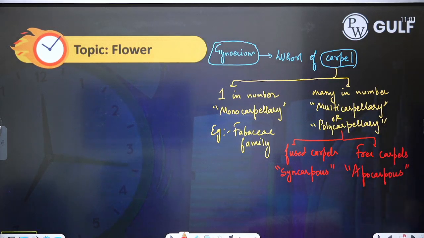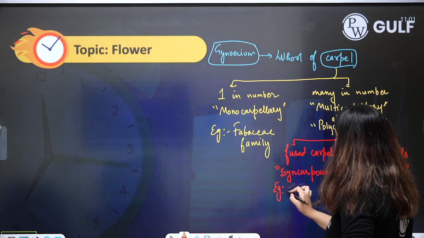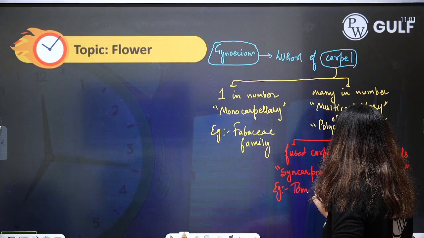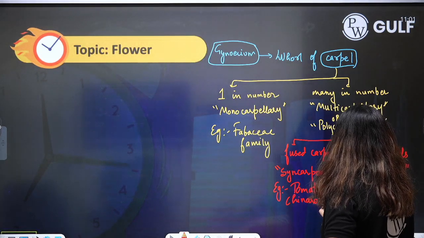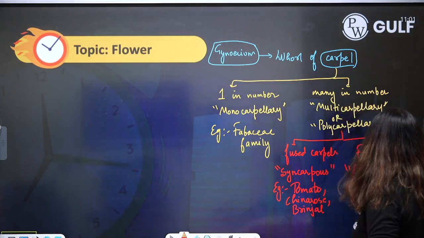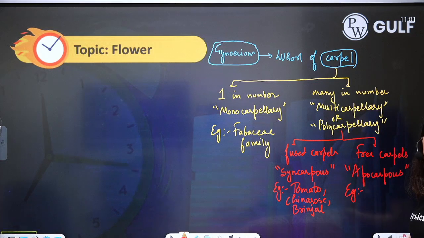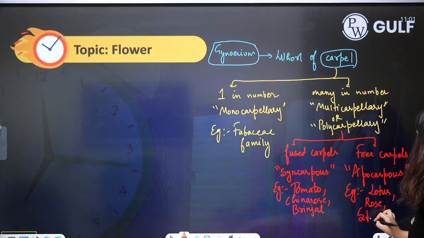Example of syncarpous is tomato, China rose, brinjal, etc. Example where carpels are free from each other: lotus, rose, strawberry.